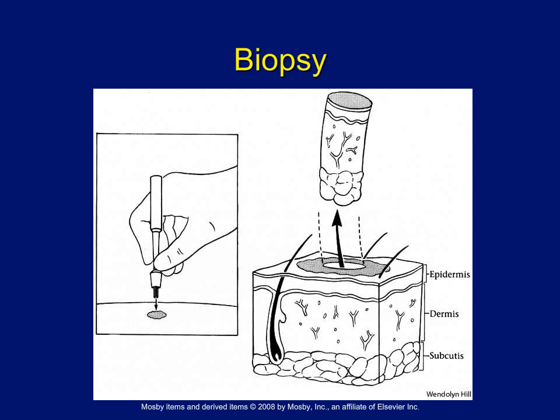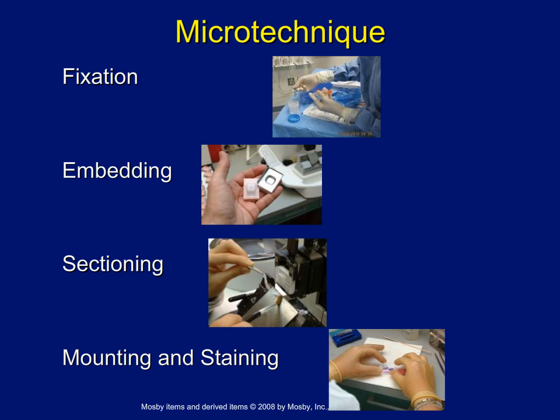And so one reason we might do a biopsy is if we have a mole or some kind of growth on the skin that we're worried is cancerous, and so we're going to take a biopsy punch, like you see here at left, and place it against the suspect area, a little bit of downward pressure, and the circular blade there will cut us a nice circular plug of tissue, which we can use for histological analysis. We're then going to pull that tissue out, and we're going to process it for histological microtechnique.